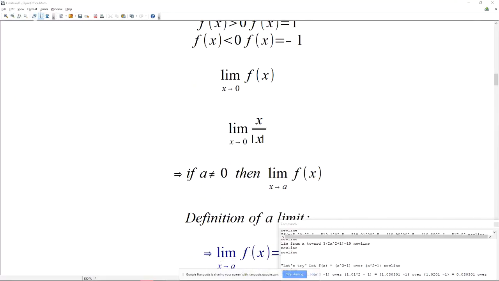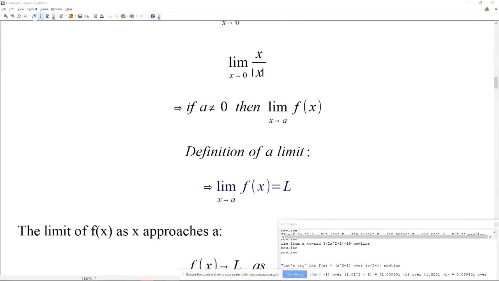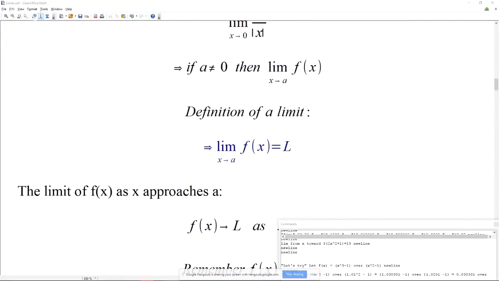The definition of a limit is literally this formula here. As x approaches a, the limit of the function f of x is equal to L. So as x is approaching some arbitrary value, the limit of that function is defined to be L, which is the limit.